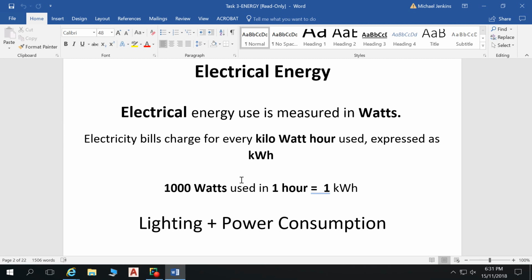Also, refrigerators are often expressed in kilowatt hours per annum as well. That being said, there are some more efficient types of computers, or more energy-hungry forms of computing as well.